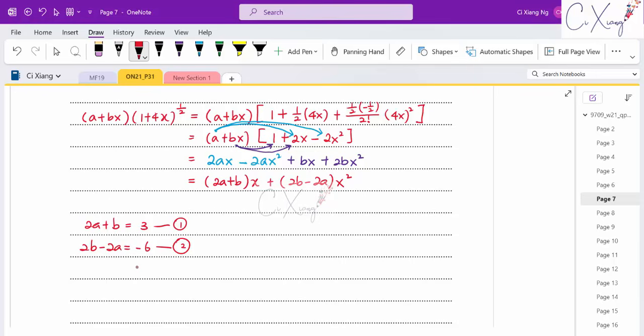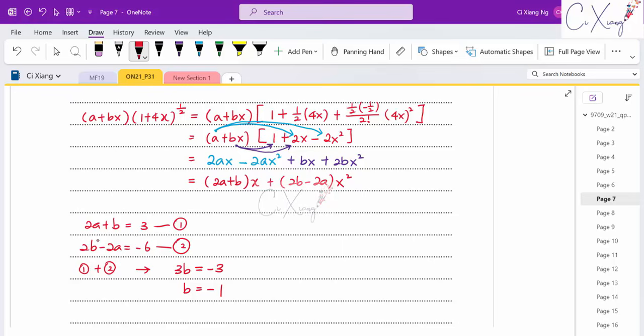So for a and b, I will straight away take equation 1 plus equation 2, so that 2a minus 2a becomes 0, and b plus 2b becomes 3b. So you have 3b equals 3 plus negative 6, which is negative 3, and therefore b should equal negative 1.